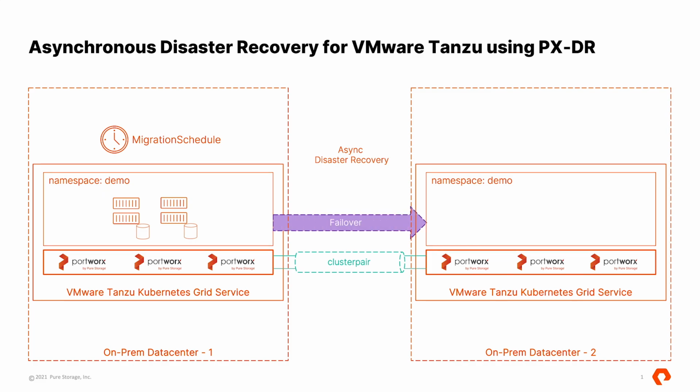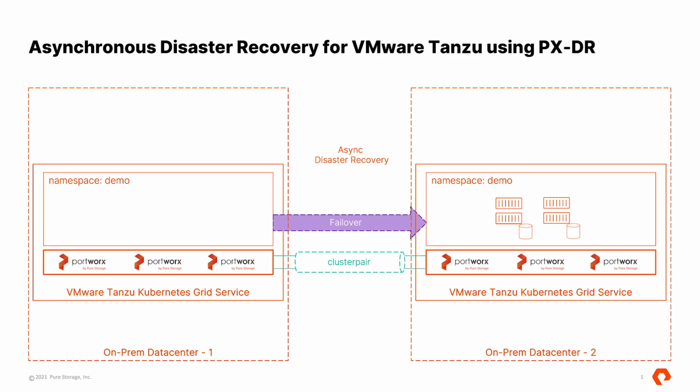In case of a disaster event, you can quickly log into your target cluster, run the storkctl activate migration command for that specific namespace, and your application will be brought online as soon as possible.